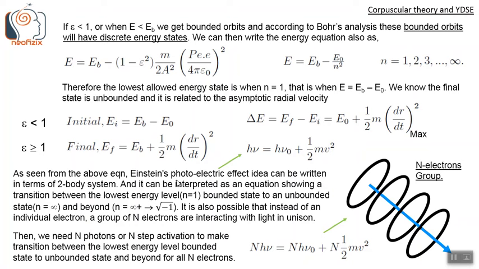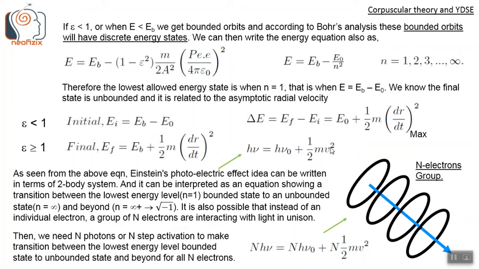And we can see from this above equation that Einstein's photoelectric effect idea, which is written here, h nu equals h nu naught plus half mv square, can be exactly written in terms of the two-body system equation here, E naught plus half m dr by dt square. So h nu naught is equivalent to E naught.